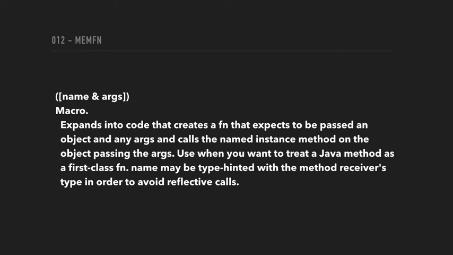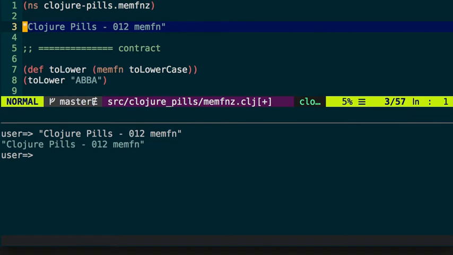And it also allows you to type hint the target object in order to avoid reflective calls. There's quite a lot to explain here, and it's better if we start with some examples of how to use memfn. It will be much clearer after we see a few examples.